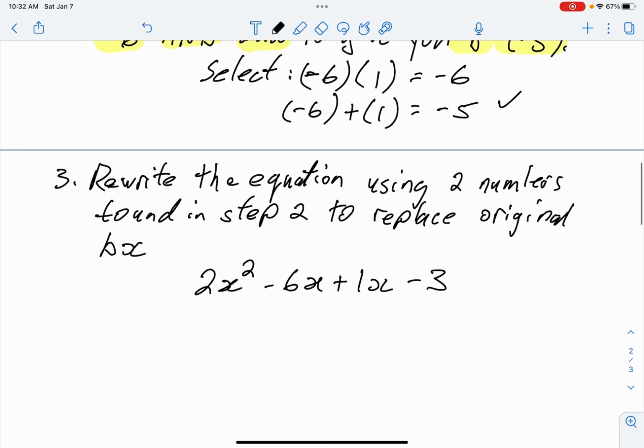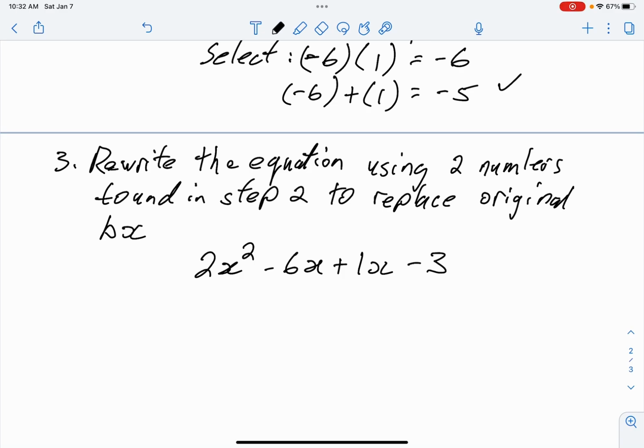So if you look at this, all we've done is rewrite the middle term, because this is just minus 5x. This is minus 5x, and this is equivalent.